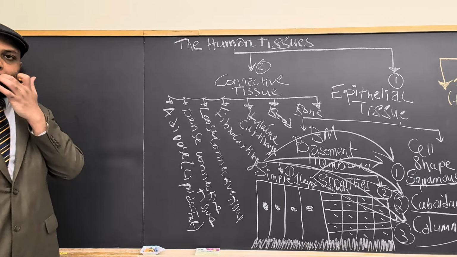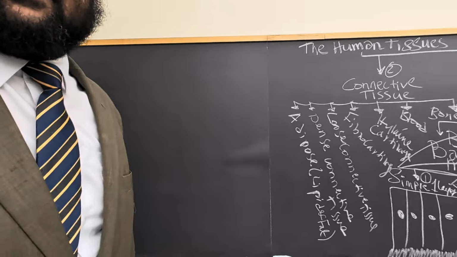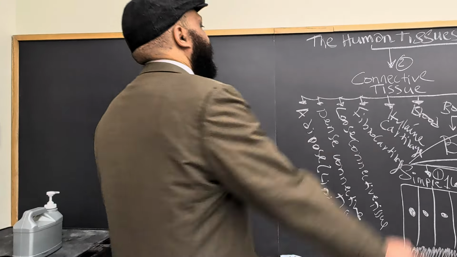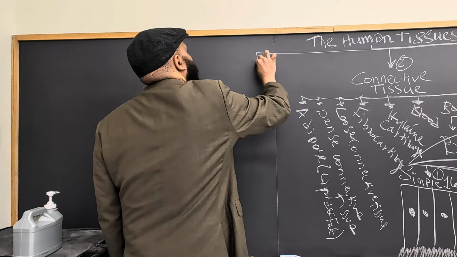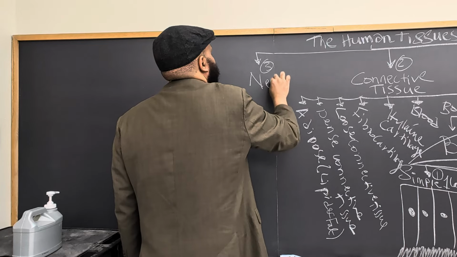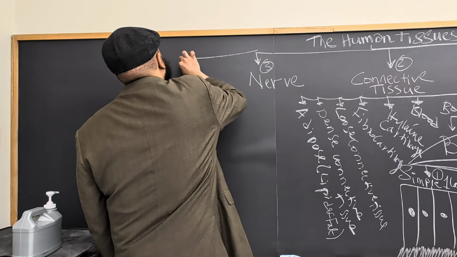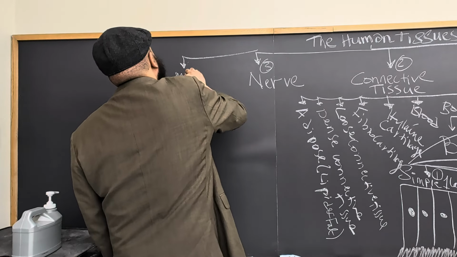Is that clear? Clear? And we have the tissue number 3, and that is the nerve tissue. And lastly, we have the muscular.